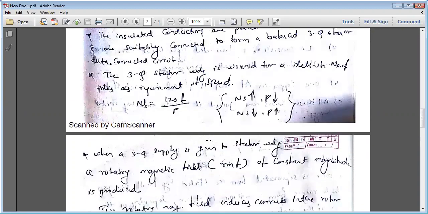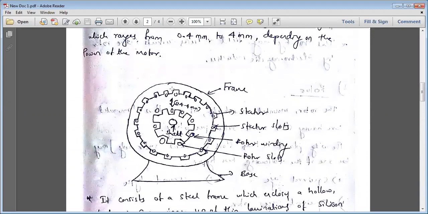You can see in the block diagram, this is the inner periphery, this is the outer periphery. The EMF induced in the stator links with the rotor by the process of electromagnetic induction. That's why this rotor is designed in such a way that the slots are made on its outer periphery.